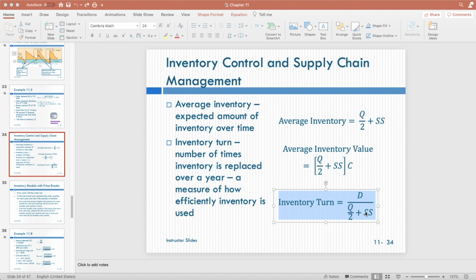So you use how many units you produce divided by how many products you keep in inventory. That's measuring how quickly you transform your whole production amount into the amount that you sell to the market.